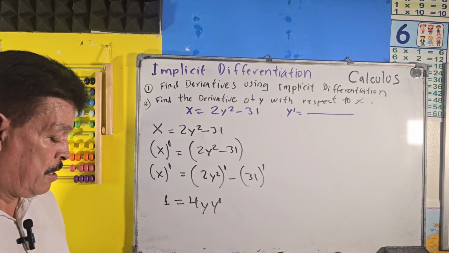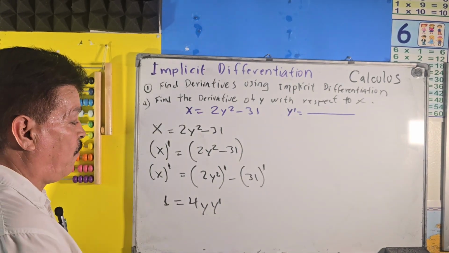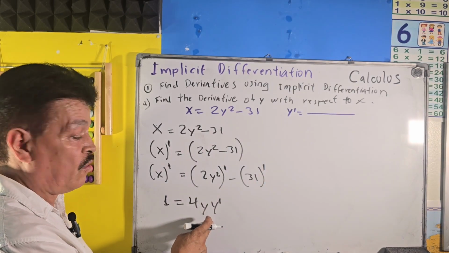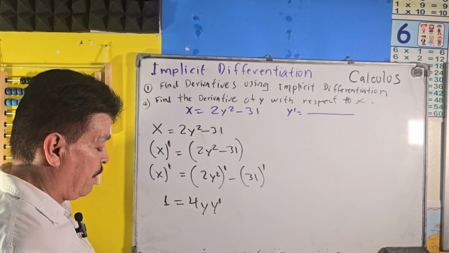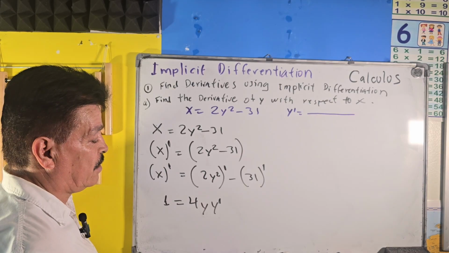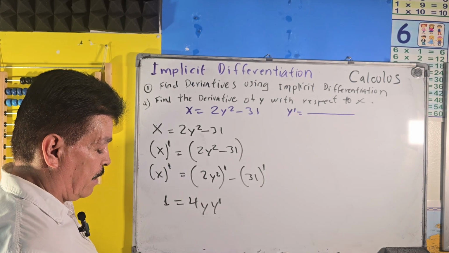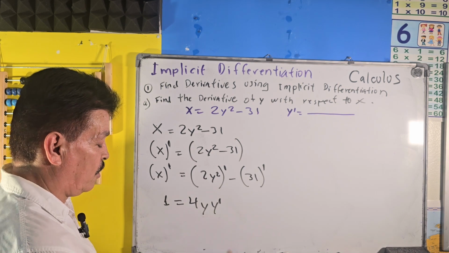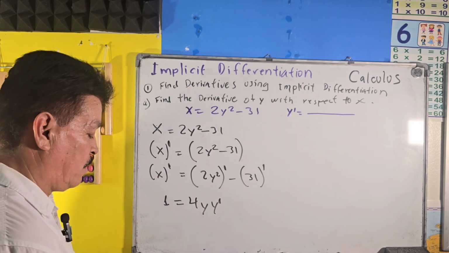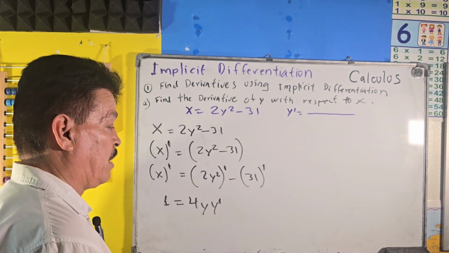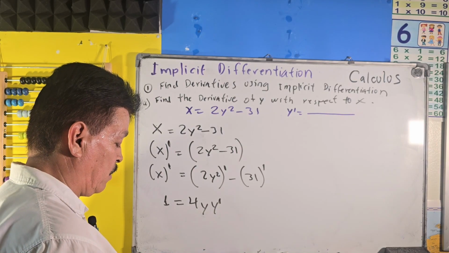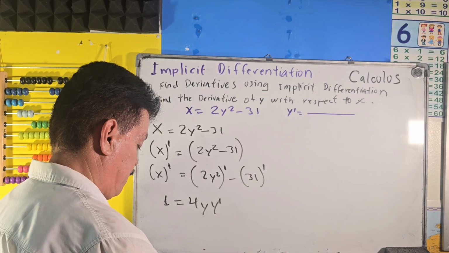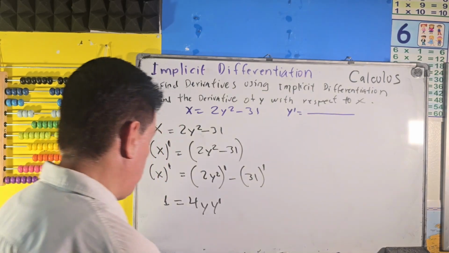So now we have to solve for y prime. Make sure all terms that include y prime are on one side of the equation, then divide by the coefficient of y prime. So let's do one more step here.